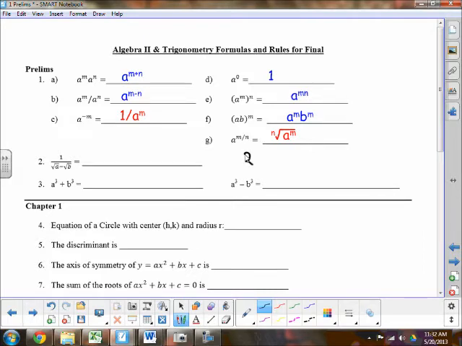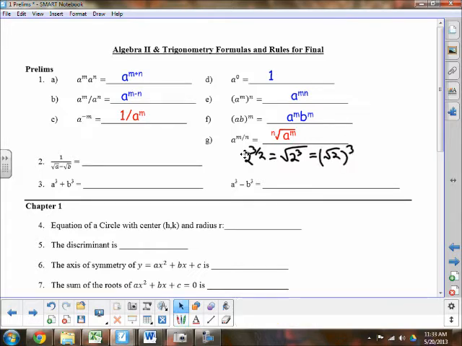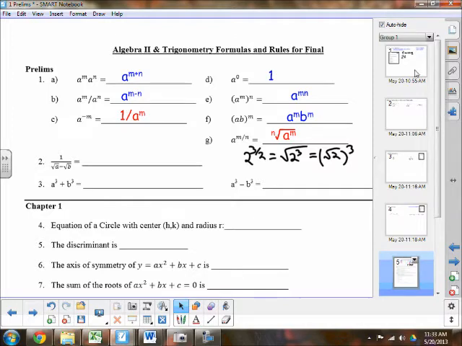If I had 2 to the 3 halves, I could rewrite that as the square root of 2 cubed, or as the square root of 2 to the 3rd power. So that's using this rational exponent property. For that reason, all of these properties of exponents have corresponding properties of radicals, where you can convert any radical into an exponent and use those properties.